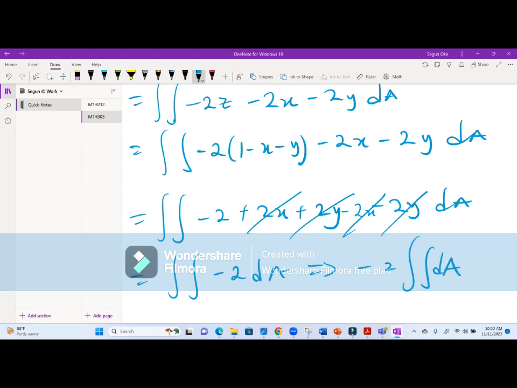So at the end of the day, when you have this, what do you have? Anybody? How do you integrate this? Hello? Minus 2. When you integrate the dA, what do you have? You have A. Do you agree with me?